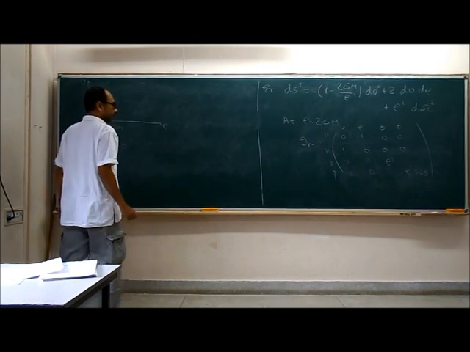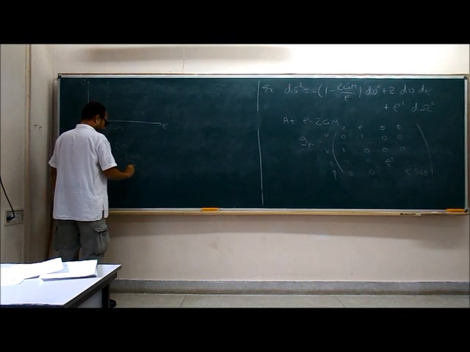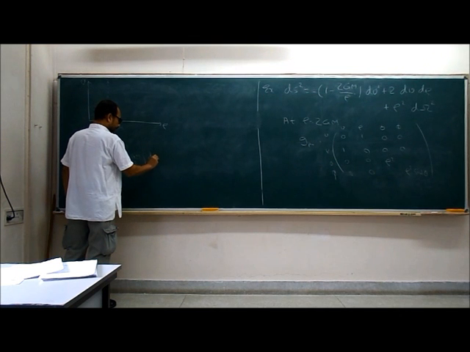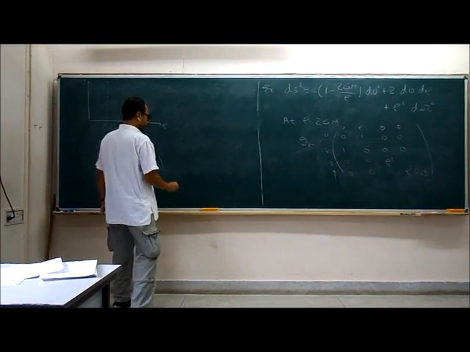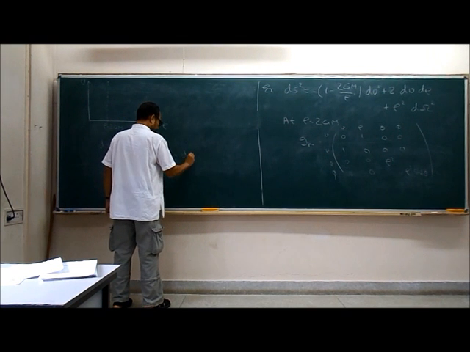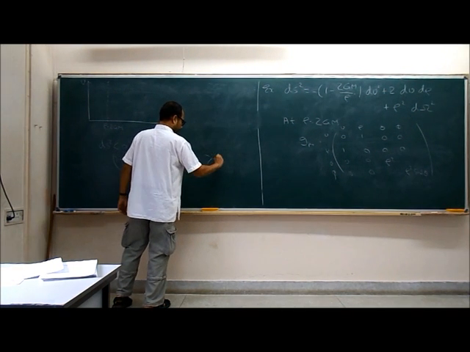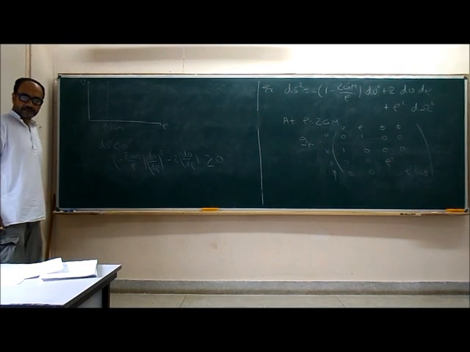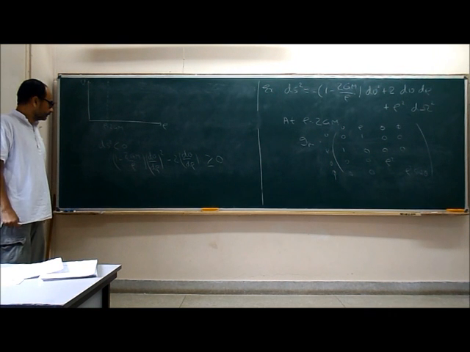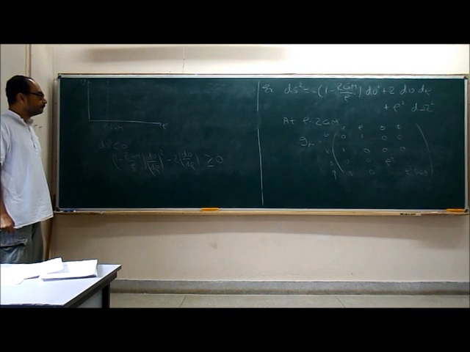So ds square less than 0 tells us that (1 minus 2GM over rho) times dv0 square plus 2 dv0 d rho must be negative, not 0. 0 is for light.